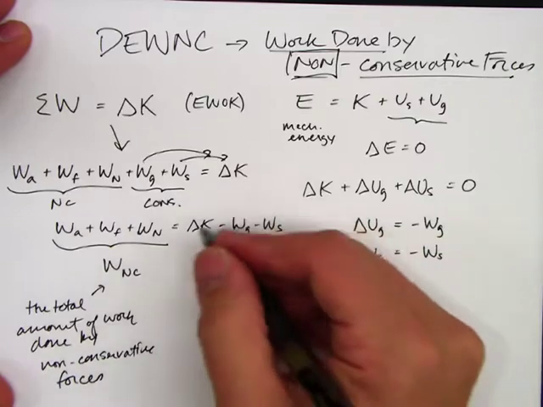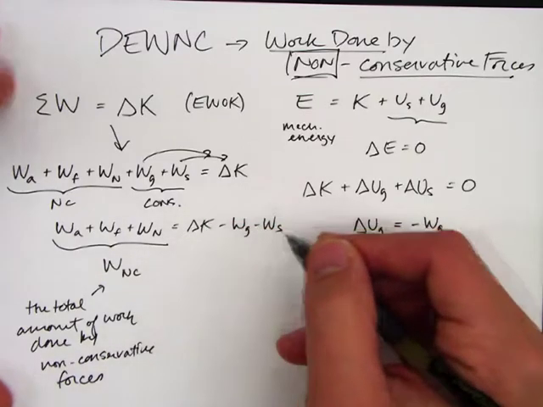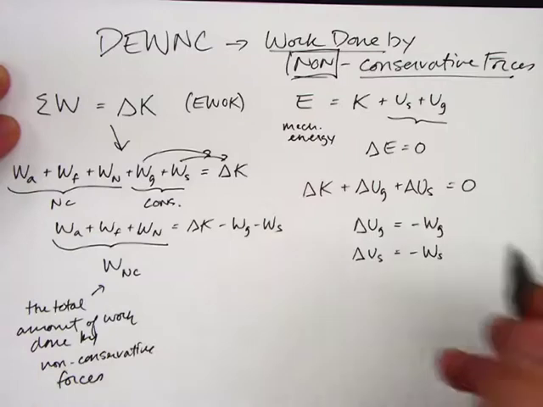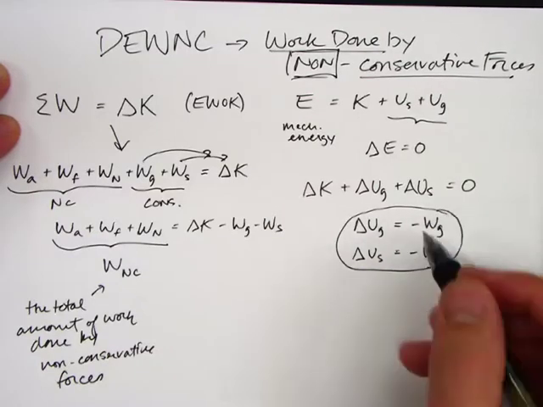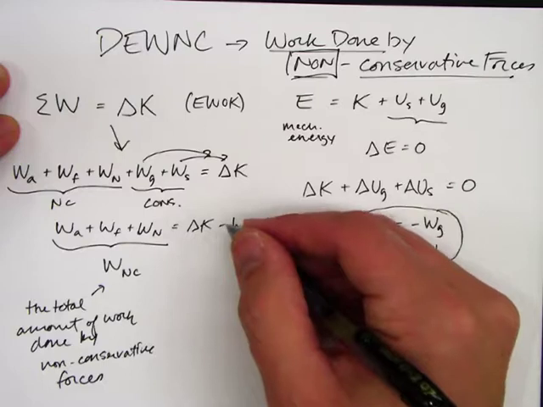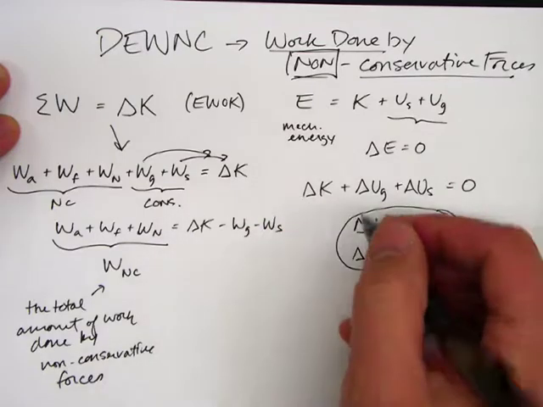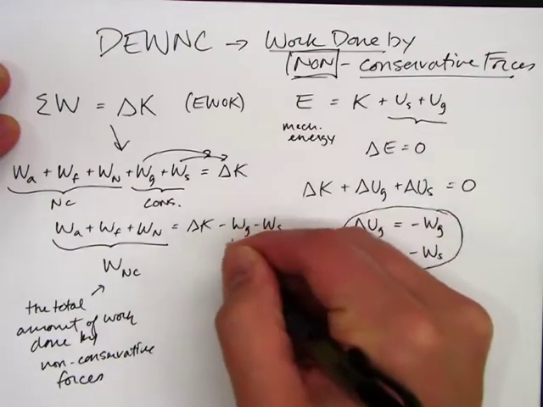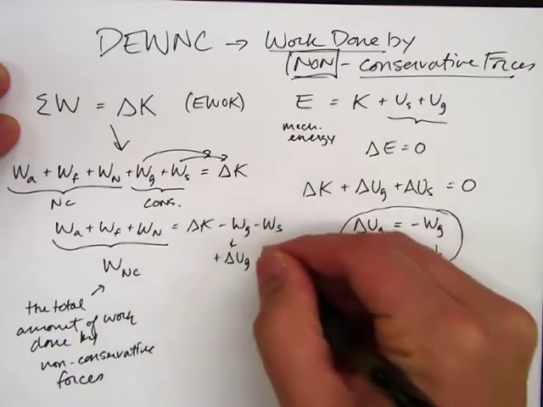And then we have delta K minus WG, the work done by gravity, minus WS, the work done by the spring force. But here we can use these correlations to say that when gravity does negative work and when spring force does negative work, it corresponds to a positive increase in the corresponding potential energies.